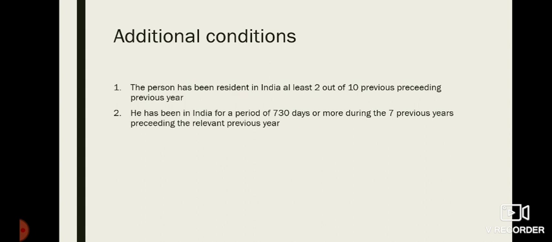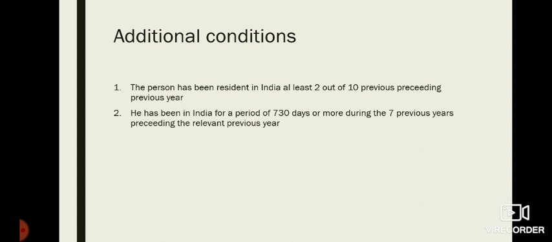What does resident in India mean? If any of the basic conditions is satisfied, then it is called a resident of India. If Mr. X has satisfied one of the basic conditions for 2 years out of 10 preceding previous years, then it is said that he was resident in India for at least 2 years out of 10 preceding previous years.